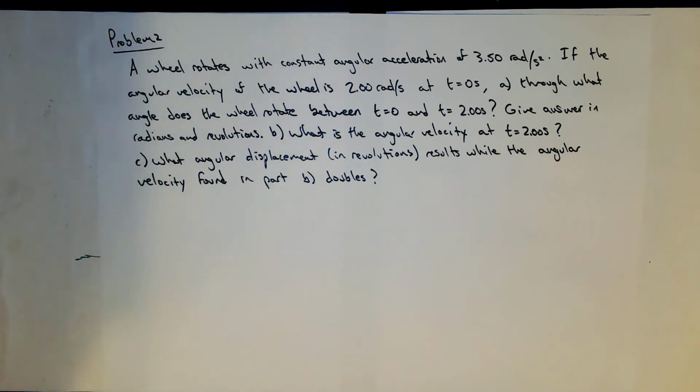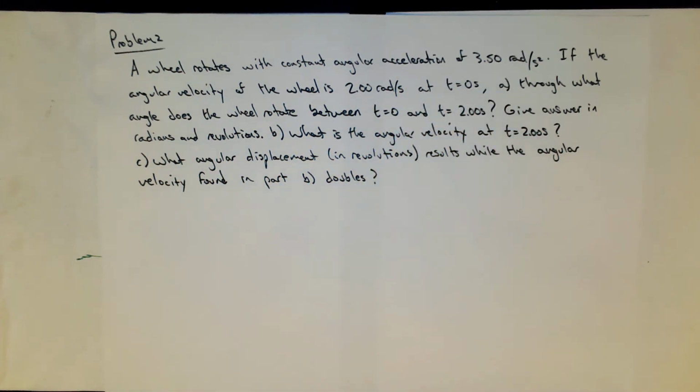Okay, so we have a wheel that rotates with some constant angular acceleration of 3.50 radians per second squared. That constant angular acceleration is the key phrase that tells us we're going to be using these kinematic equations. If the angular velocity of the wheel is 2 radians per second at time 0, so that's an initial, part A says through what angle does the wheel rotate, and it gives us some time frame.